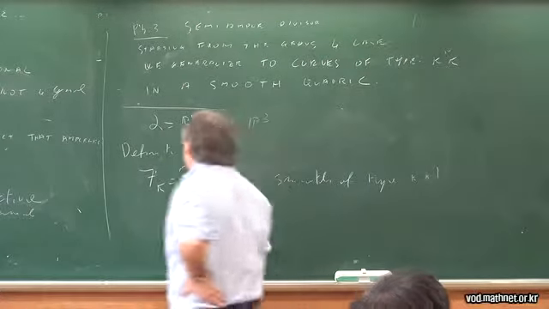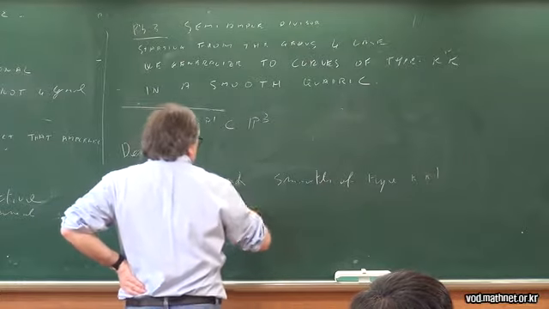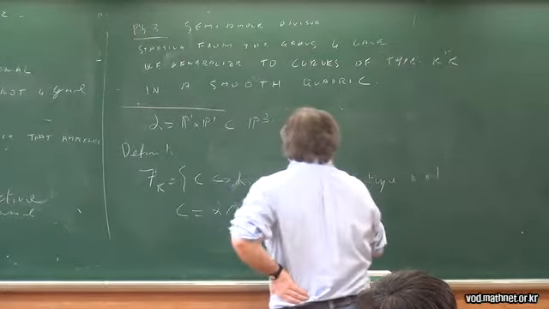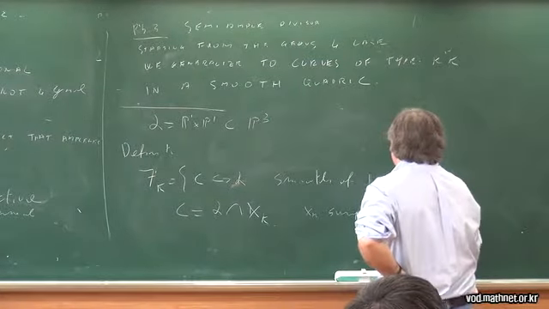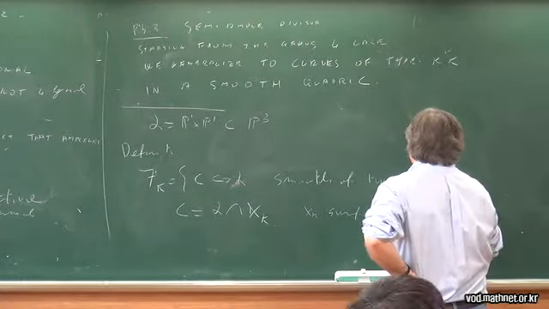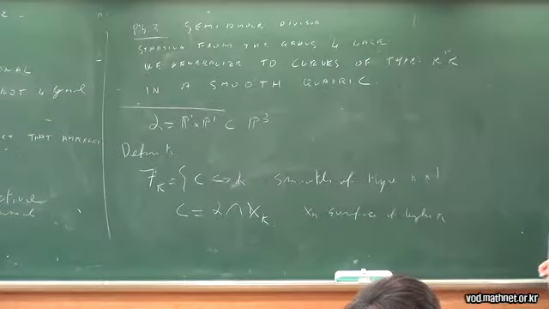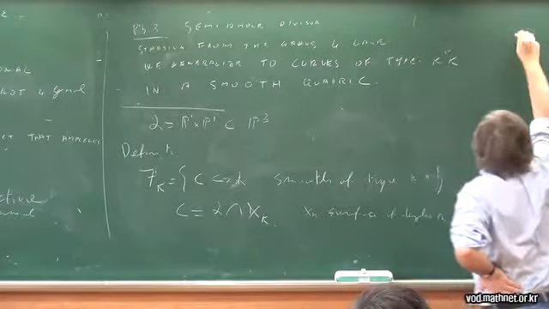That means that C is a complete intersection of Q and XK, where XK is a smooth surface of degree K. So it is FK.